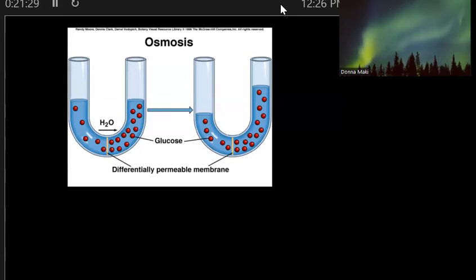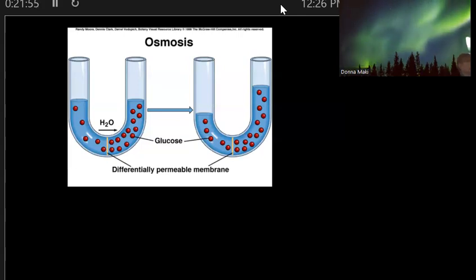Okay, so that happens, and now we have gravity influencing how many more water molecules can come across, because it starts to push and create that delta P over delta X impact. Okay, so first we talk about delta C over delta X, but eventually delta P over delta X comes into play.